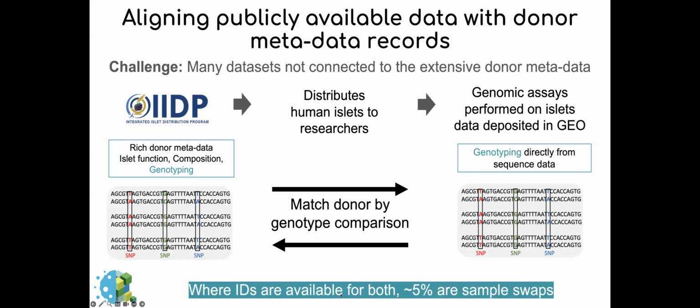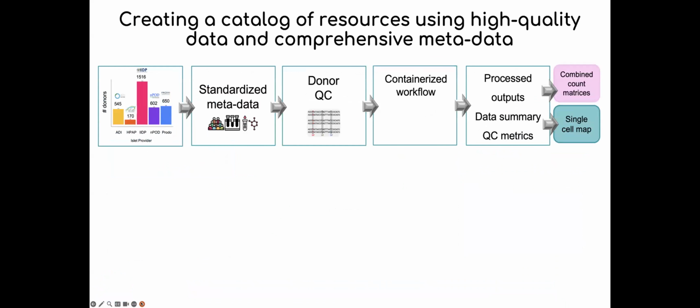And we can also, in some cases, resolve sample swaps, which we find in about 5% of the time. So this gives end users real added confidence that the data that they're using for their analysis is correctly aligned with metadata and allows us to maximize sample size.